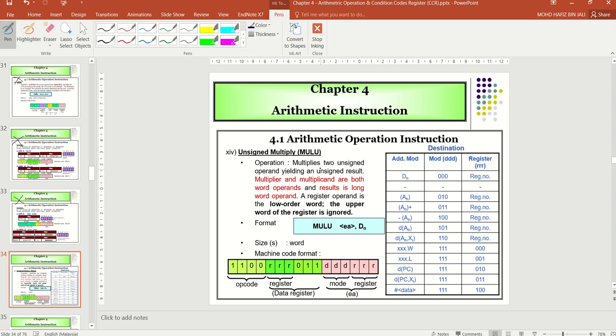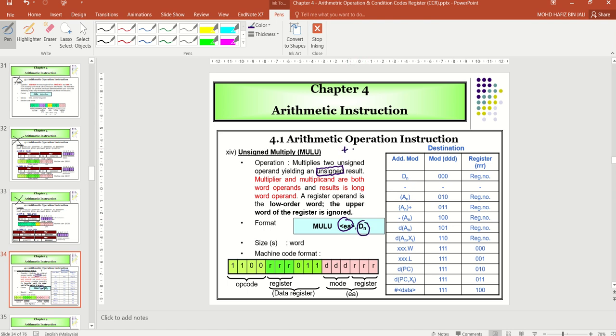So this one is unsigned. What is the meaning of unsigned? Unsigned means we consider all the values of the source and destination as positive.